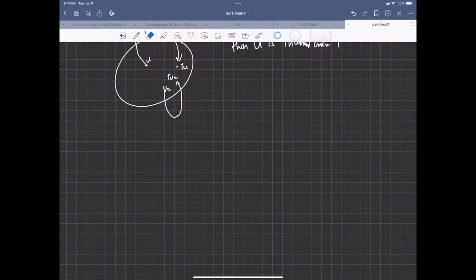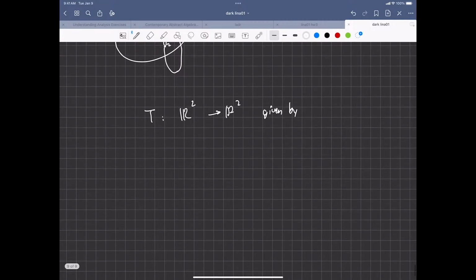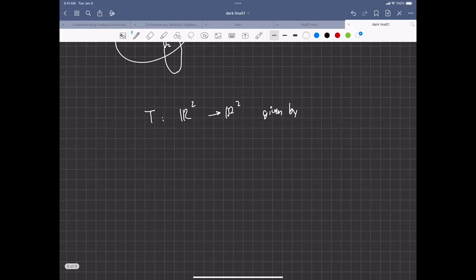Let's imagine the linear map from R2 to R2 where we just rotate each vector by 90 degrees. So if we had a vector here, it would be sent to this one, and this one would be sent to that one.